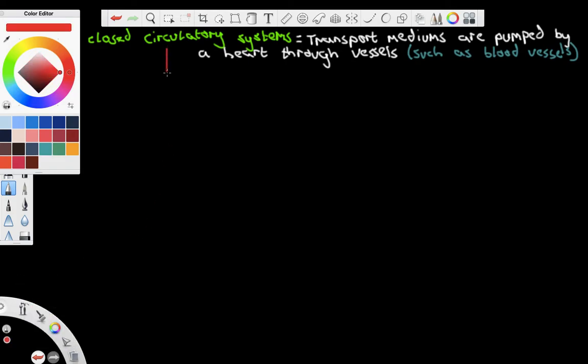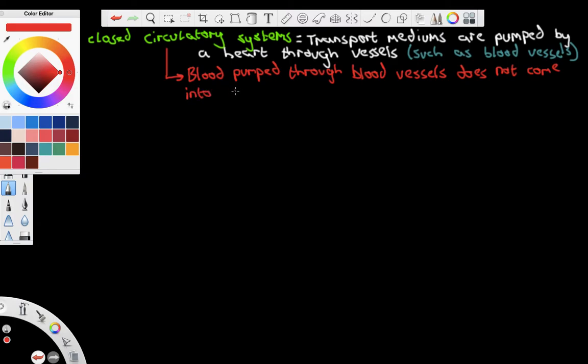So we can say that blood pumped through blood vessels does not come into contact with the cells of the body.